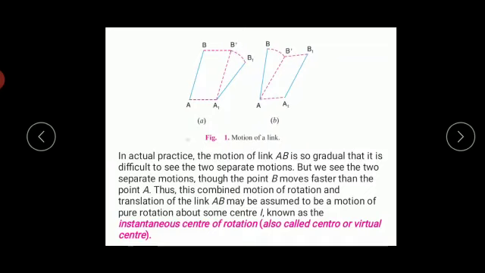The link moves with a translation motion and comes to position A1 B dash, and afterwards the link rotates about point A1 to reach its final position A1 B1. So in figure A, first there is translation and then rotation.